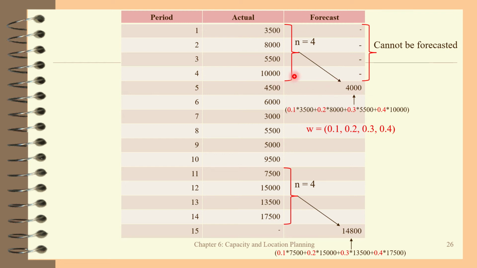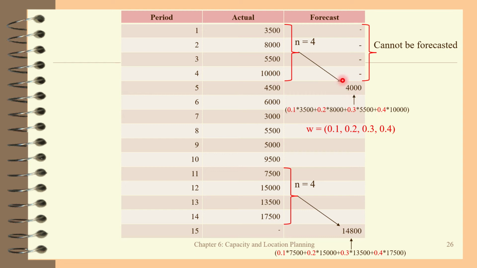So for n equal to 4, according to the weights given in your question, 0.1, 0.2, 0.3, and 0.4: 0.1 multiplied by 3,500, 0.2 multiplied by 8,000, 0.3 multiplied by 5,500, and 0.4 multiplied by 10,000.